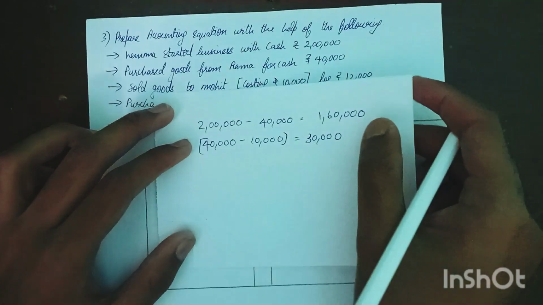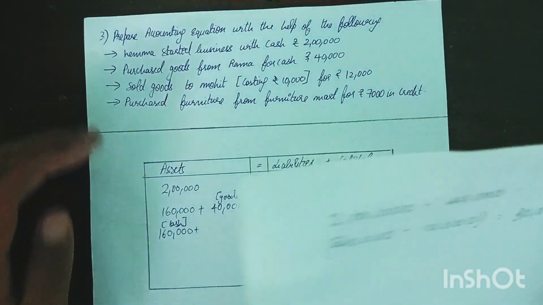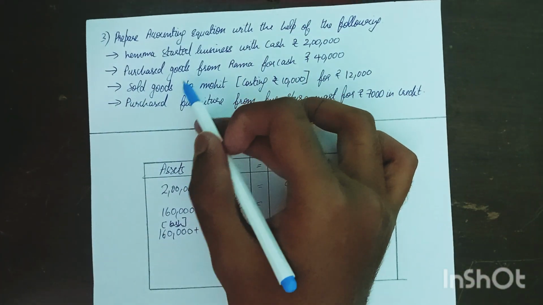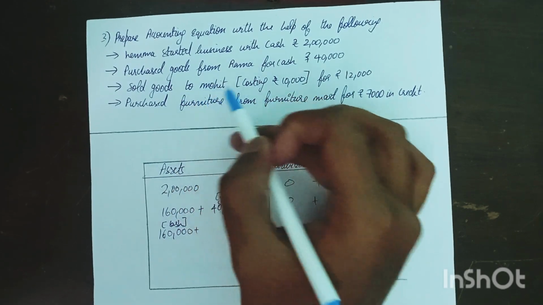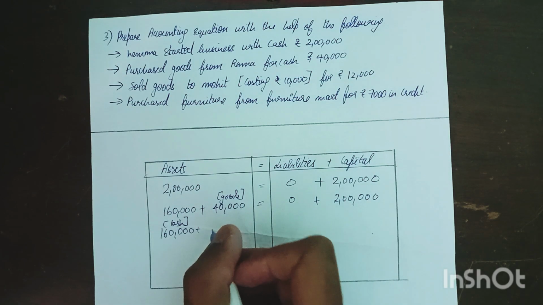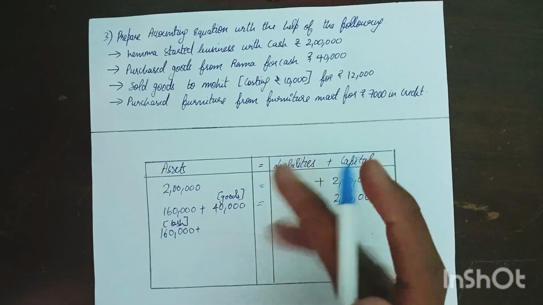So you will ask me, why did I subtract 10,000 from 40,000? Because these are the goods, purchased goods, sold goods to Mohit, rupees 10,000. So we are selling goods, the worth of the goods will get low.